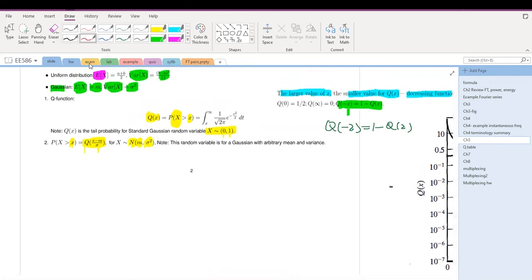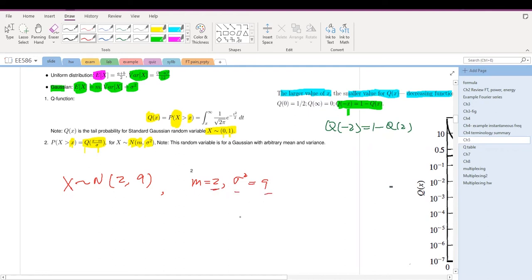Let's use an example. What about if I have a random variable with mean of 2 and sigma squared equals 9? So from here we have sigma equals 3. And let's find out the probability of X greater than 2. What does it equal?